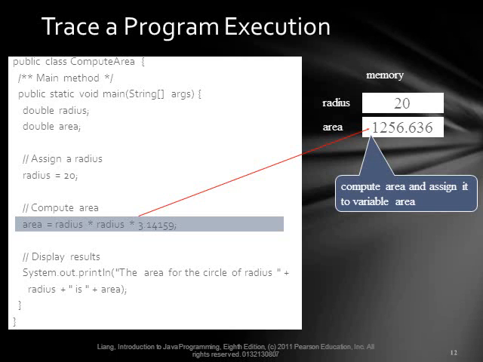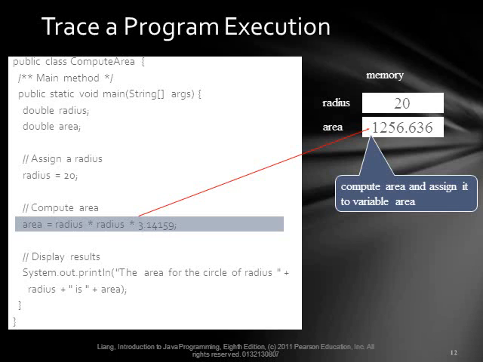Well, now we have some real interesting things going on. You should recognize this as an assignment statement. So area on the left side of the equal sign is going to be assigned the value from the right side. Now, when we did an assignment for radius, we simply used a literal, 20.